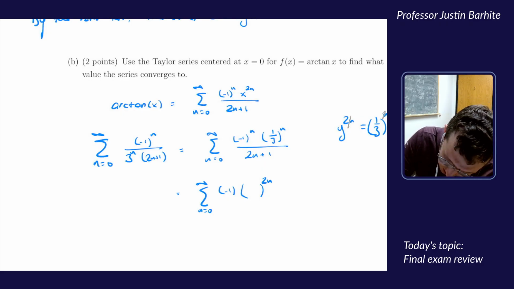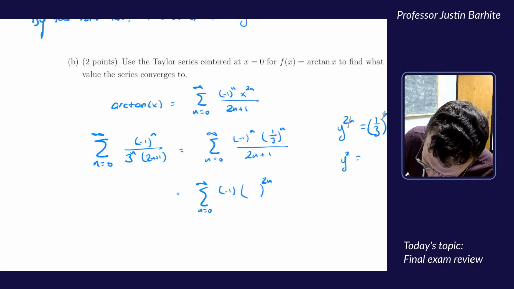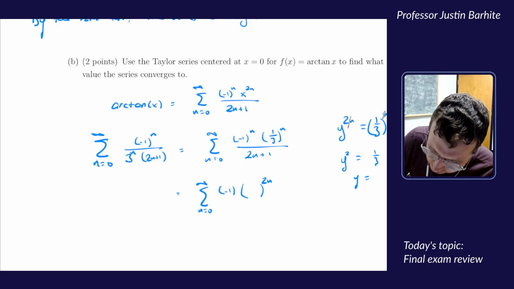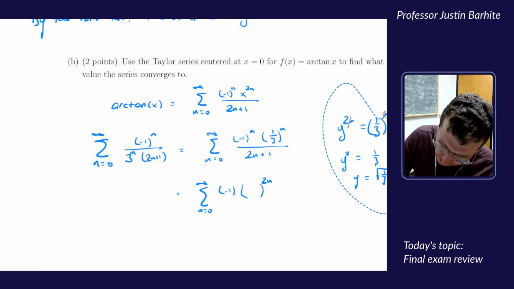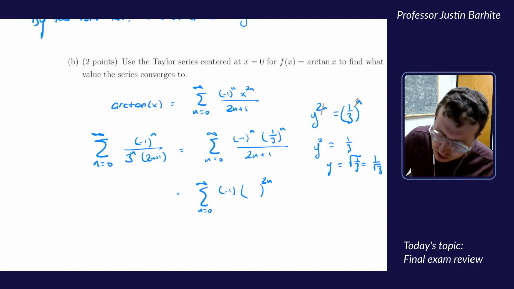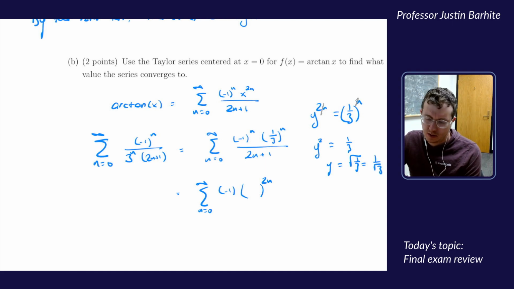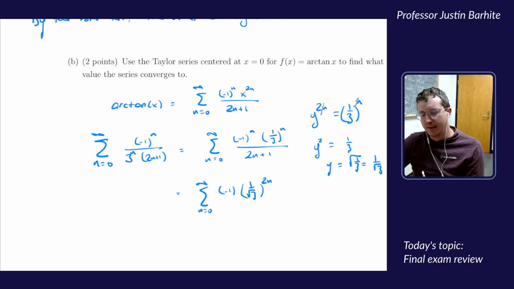I guess I can kind of cancel those powers of n out. I actually need to put the square root of 1/3 inside those parentheses.